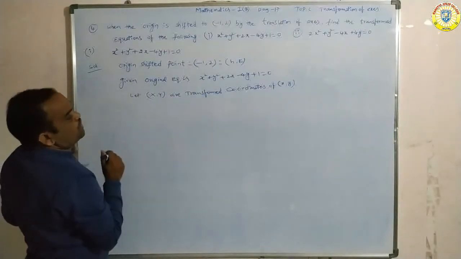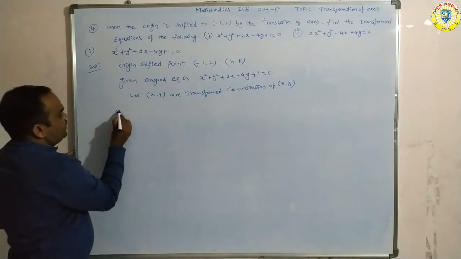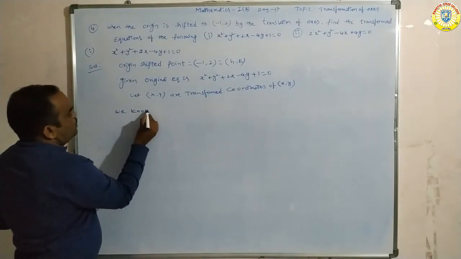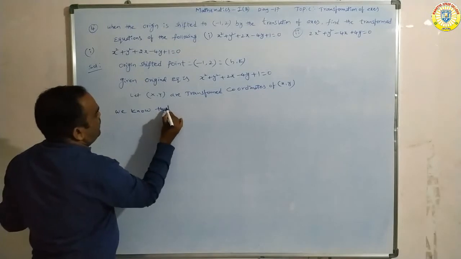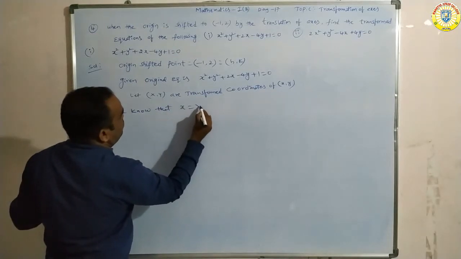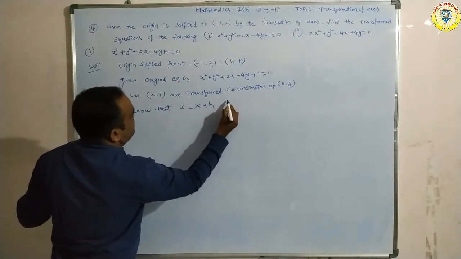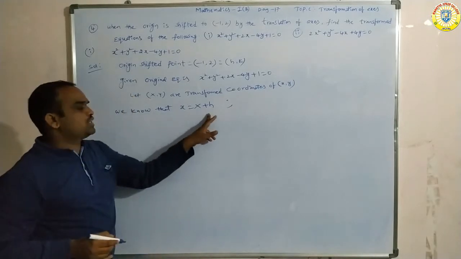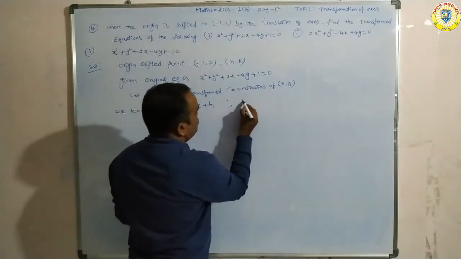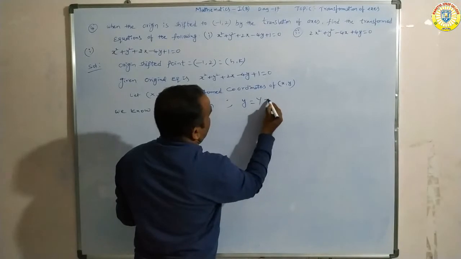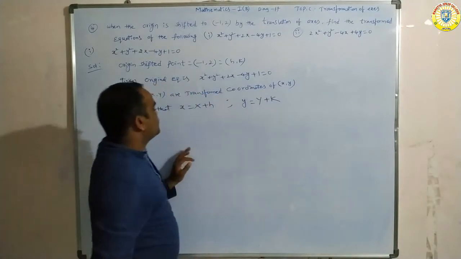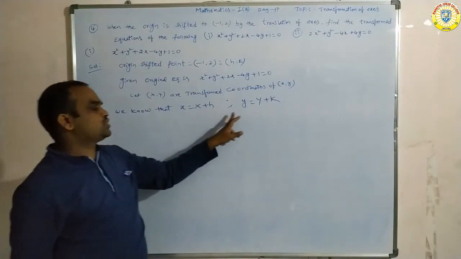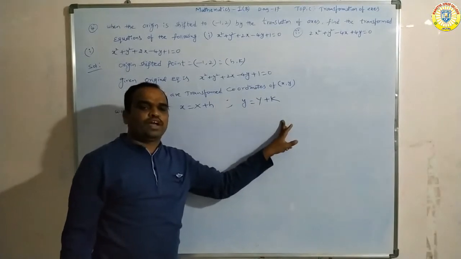This problem refers to translation of axis. We know the relation between the new coordinates and old coordinates: small x is equal to capital X plus h, small y is equal to capital Y plus k.